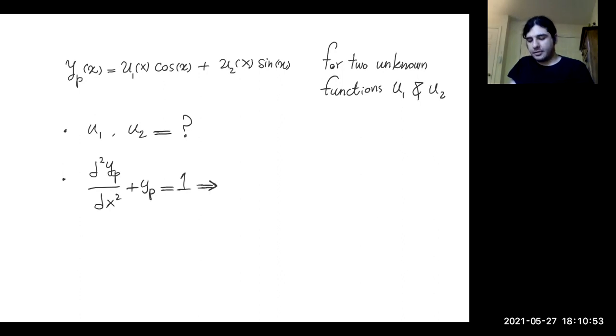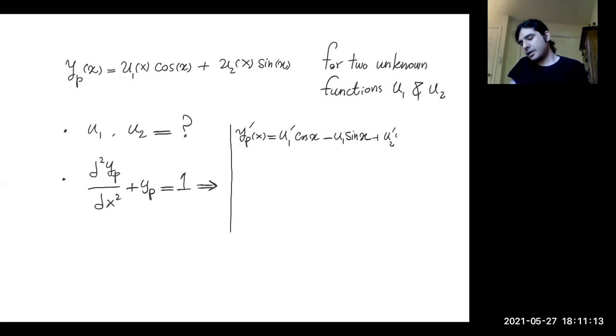What is the second derivative of yp? Let's compute these things. The derivative of yp is equal to u1 prime cosine of x minus u1 sine of x plus u2 prime sine of x plus u2 cosine of x. That's the first derivative. Now we should compute the second derivative.